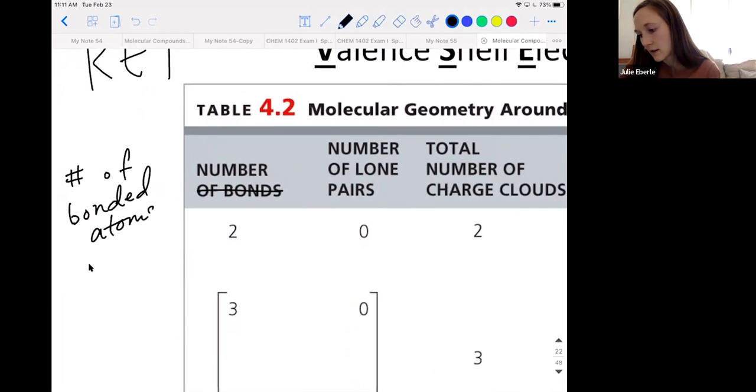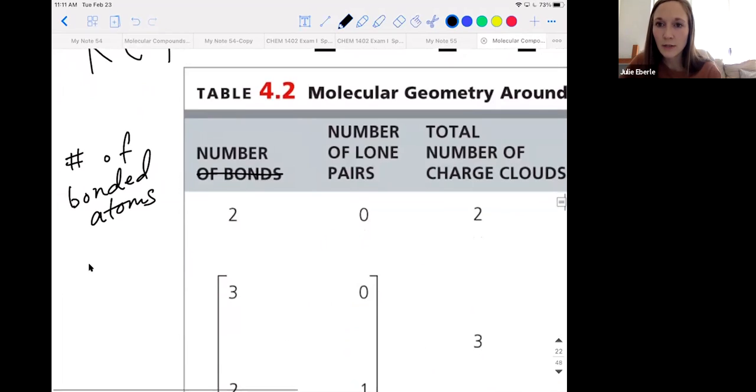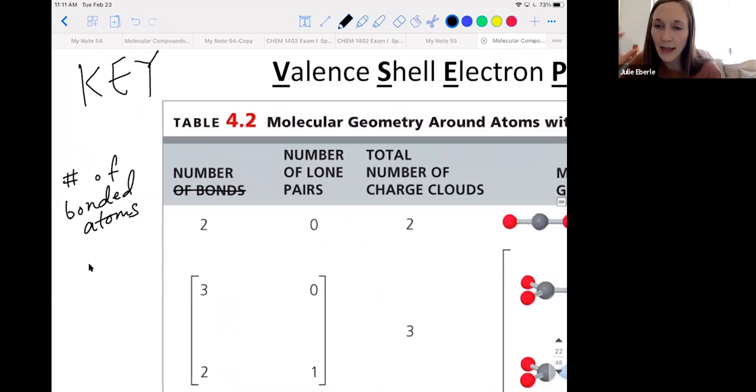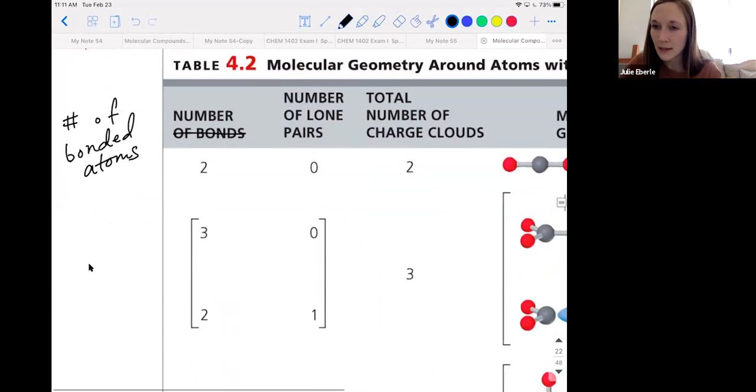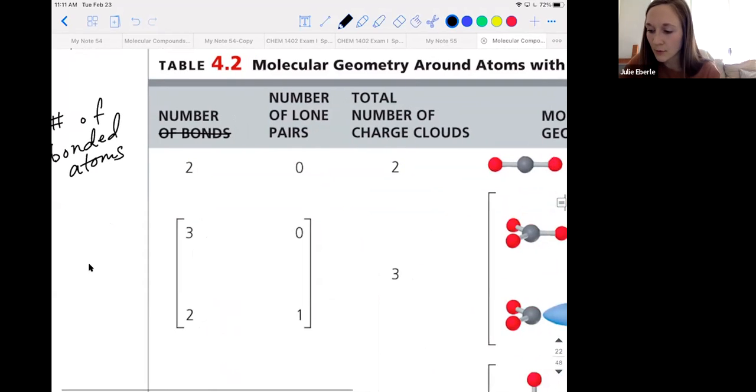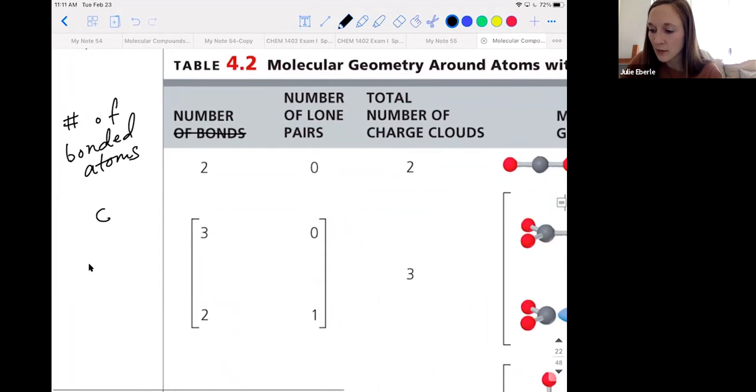I know I just said that earlier, but I'm making this a really big deal because as you count number of bonds, people would be tempted. I'm going to show you a really good example. We're trying to name the geometry in a molecule of carbon dioxide. You're going to look here and say, oh, carbon's got 4 bonds. And yes, carbon should always have 4 bonds, but that's going to mislead you to the geometry.